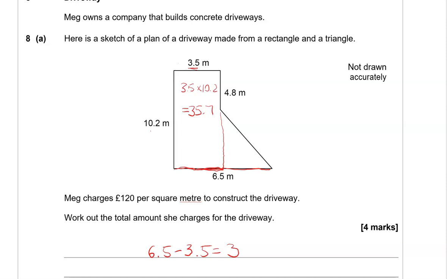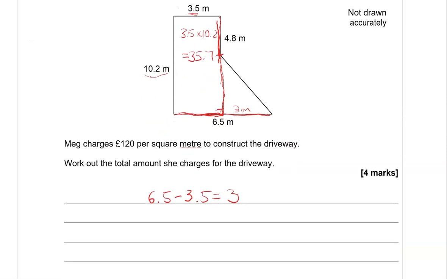Now looking at the height, we'll write this down before I move on. Looking at the height, we're looking at this. So the total length is 10.2. If I take away 4.8, it gives me the height of the triangle.